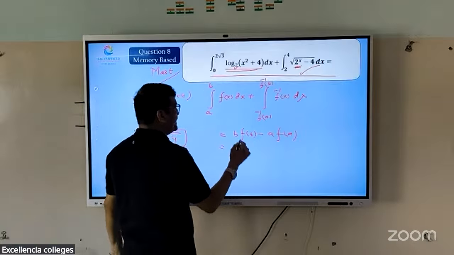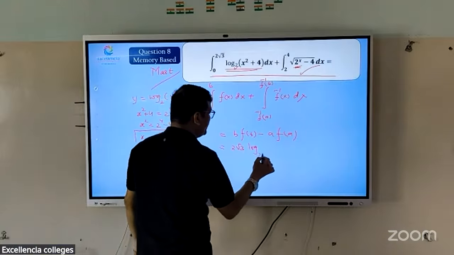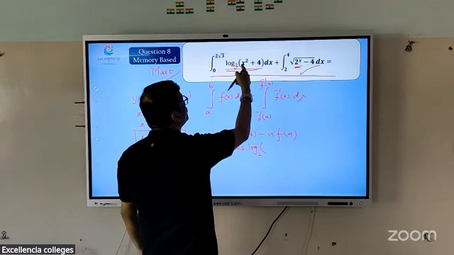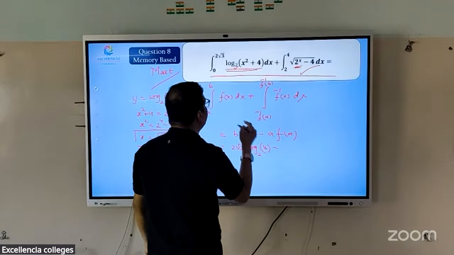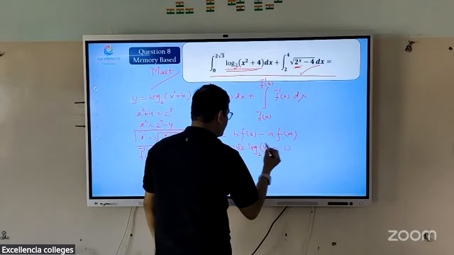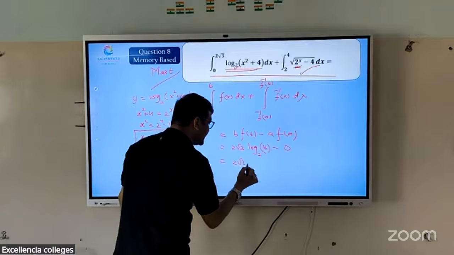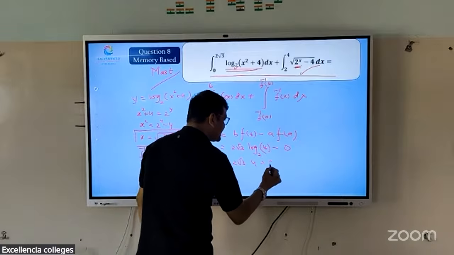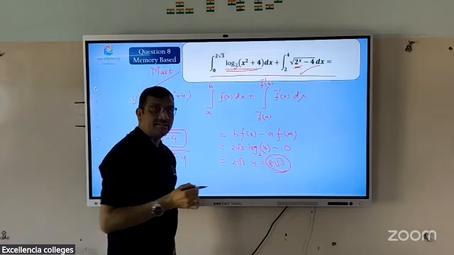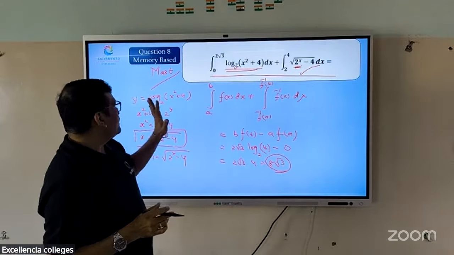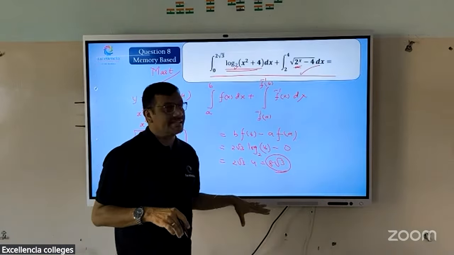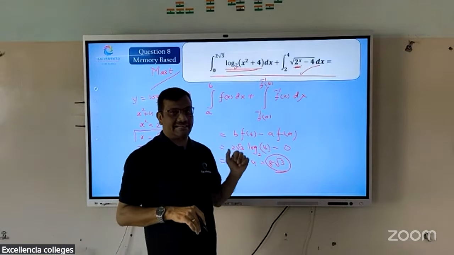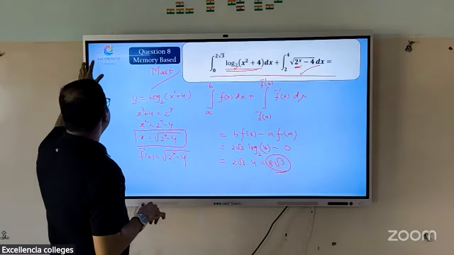F of b is log to the base 2 of 16, minus 8 into f of a, which is 0. So 2 root 3 into 4, answer is 8 root 3. Right? Good question. But if you don't know the concept, it will take time. That was question number 8.